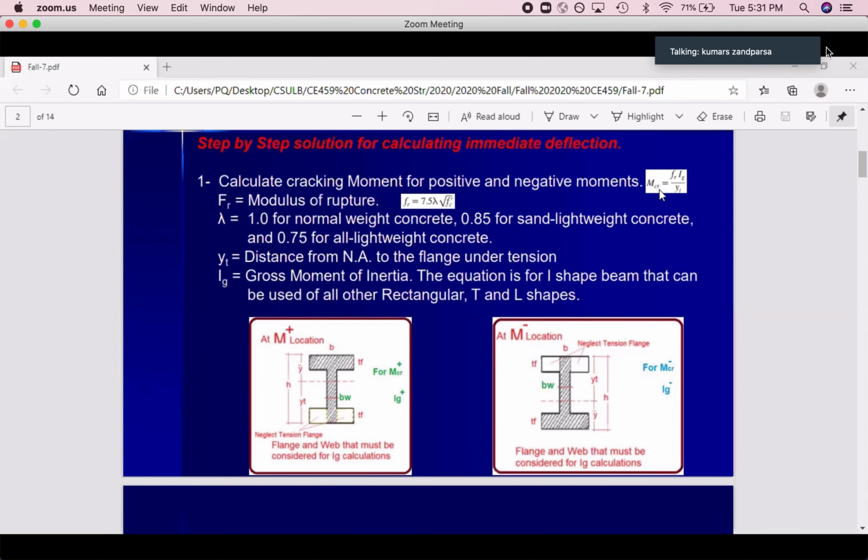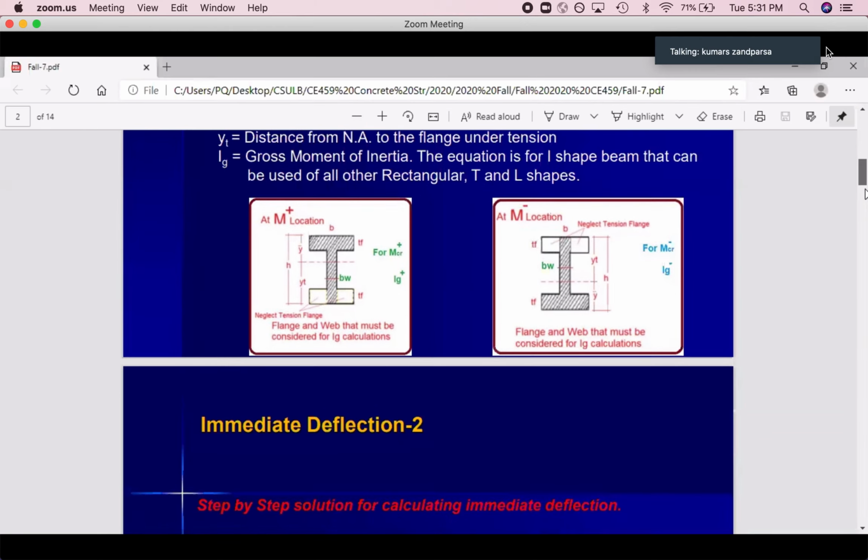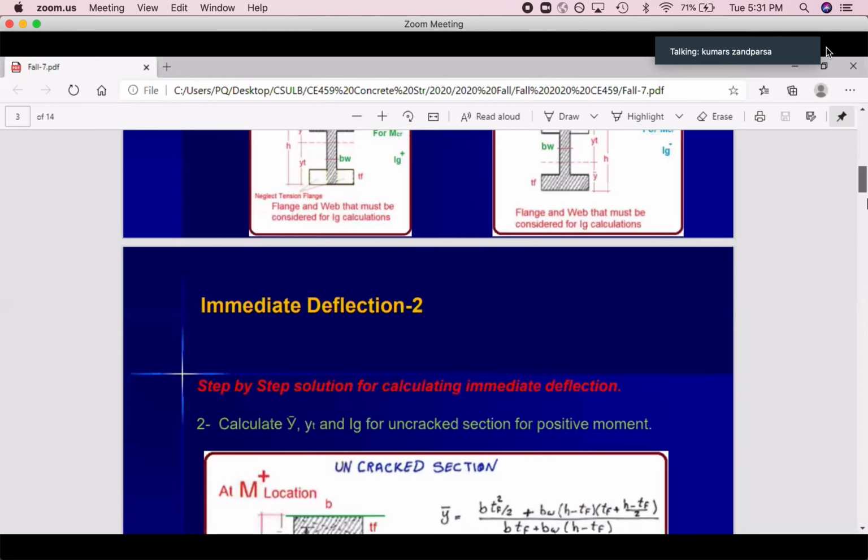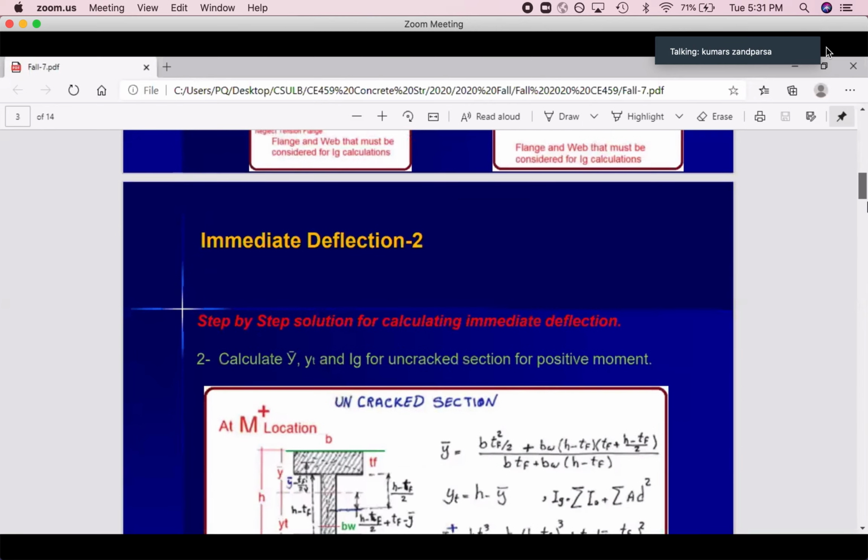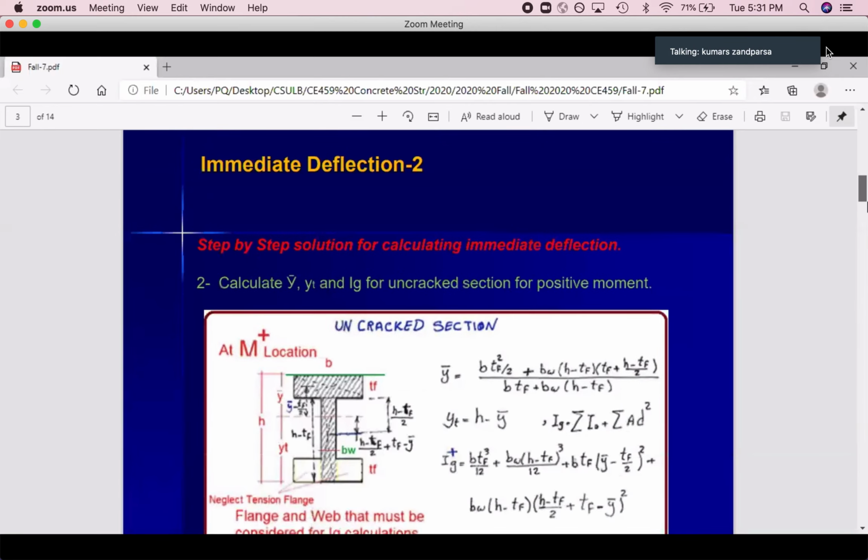If we have two negative, one positive, you have 3 M cracks. If you have just one positive, you have 1 M crack. If you have one positive, one negative, then you have 1 M crack for positive, 1 M crack for negative. So during the rest of this example, you will learn how to use this.